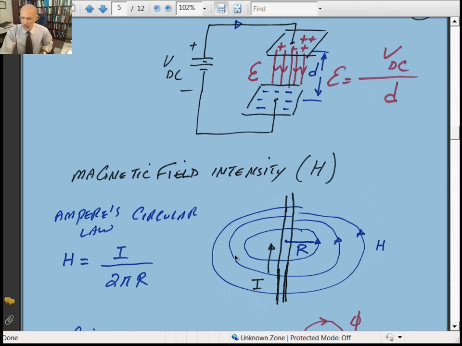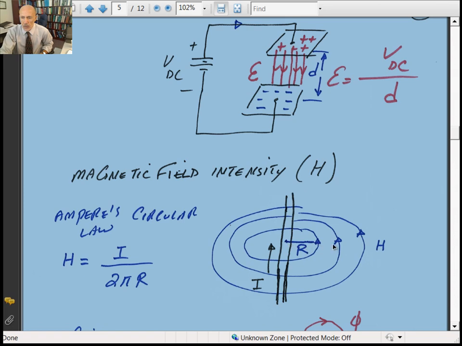There's a lot involved with this. You have to use a closed loop integral to calculate all of this, but what it really comes down to is called Ampere's circuital law: the magnetic field intensity H is equal to the current I divided by 2 pi times the radius r.